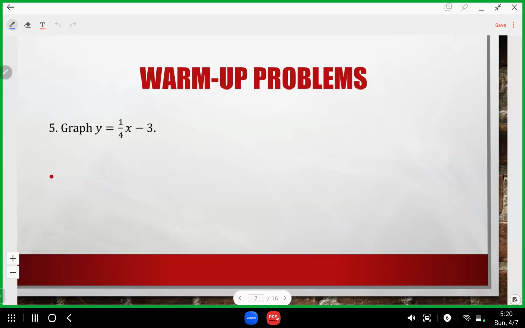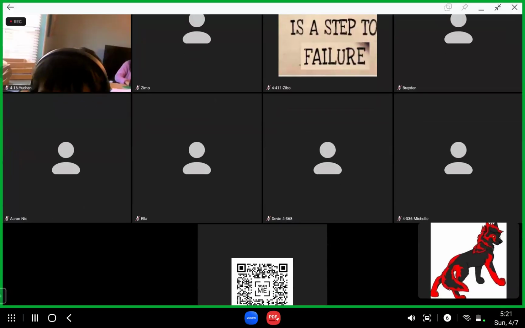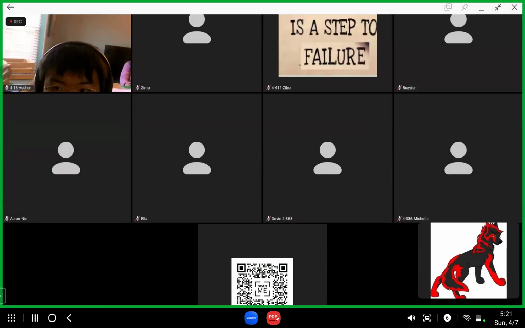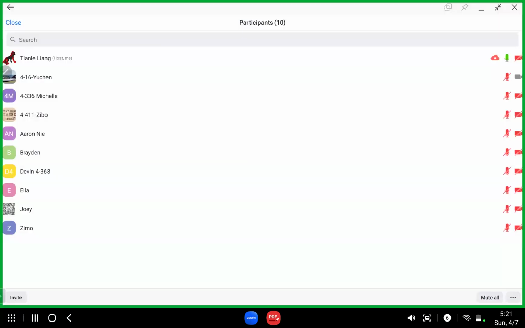Okay, and finally we need to graph this. Graph a line using slope-intercept. Do I have any volunteers that are willing to graph this or help me through it? If not, I will call on somebody.